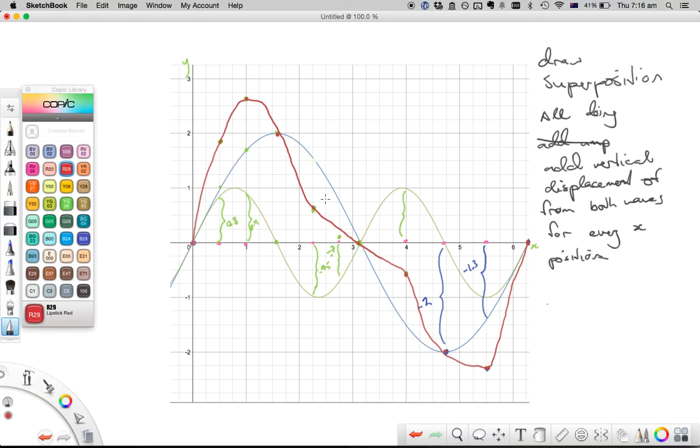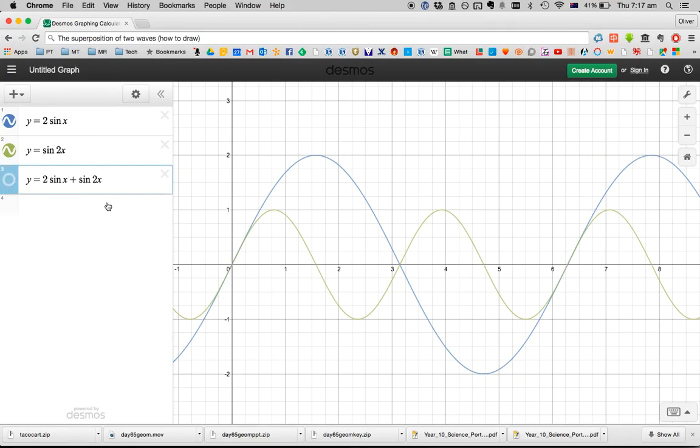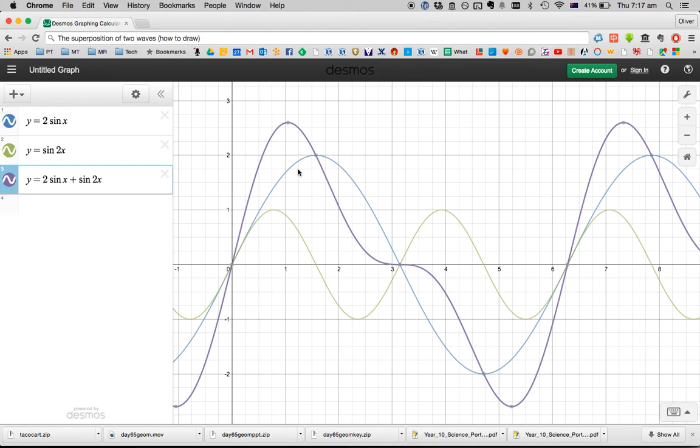So this should actually go more like this. Coming up. That point there. Don't miss that one. It's going to be symmetrical, isn't it? Like that. And that is what we see in this purple line.